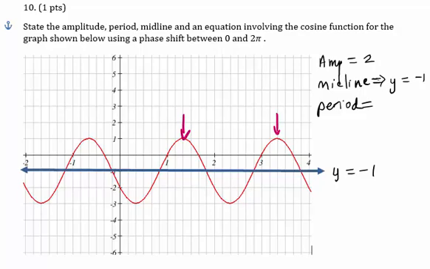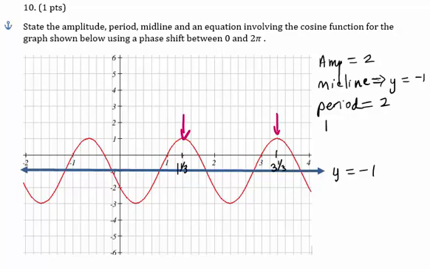This tick mark is 1 1/3, or 4/3. And then this next location is 3 1/3. If you just subtract them, we see that there's 2 spaces between them, and so the period is just 2.